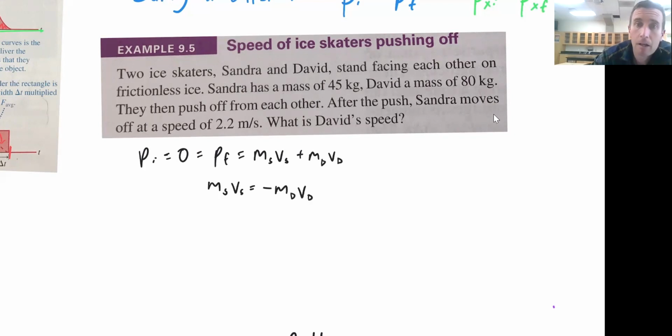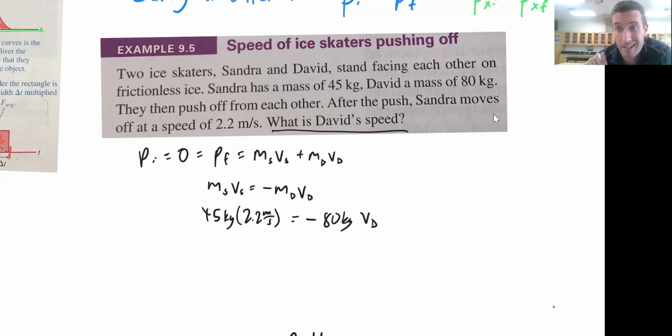When I plug in, Sandra is 45 kilograms and her velocity is 2.2 meters per second, which equals negative 80 kilograms times David's velocity. That's what I'm solving for, David's speed. Speed, not velocity, so direction's not going to matter.